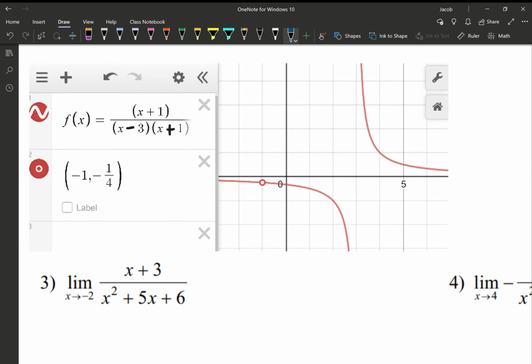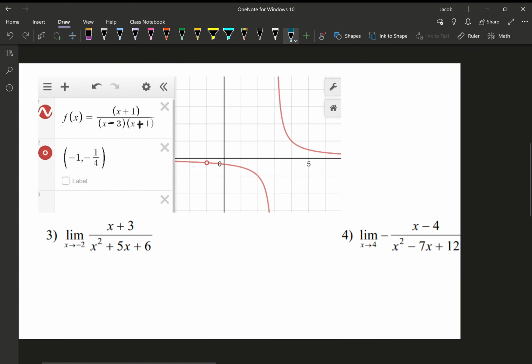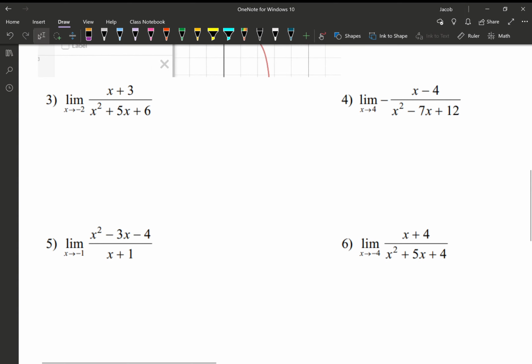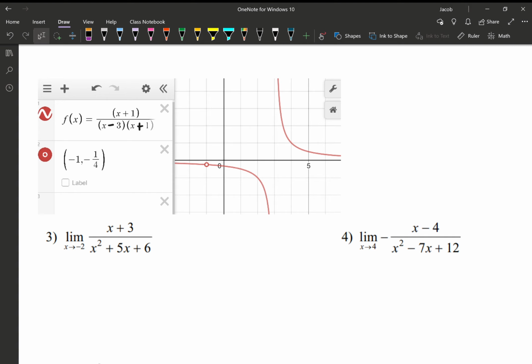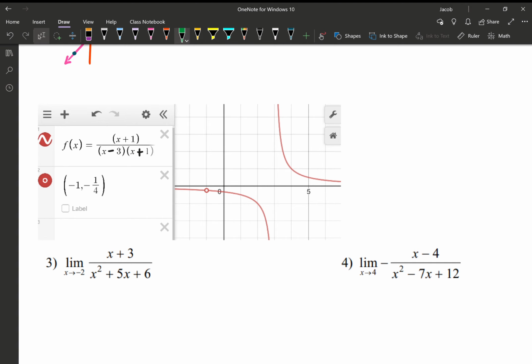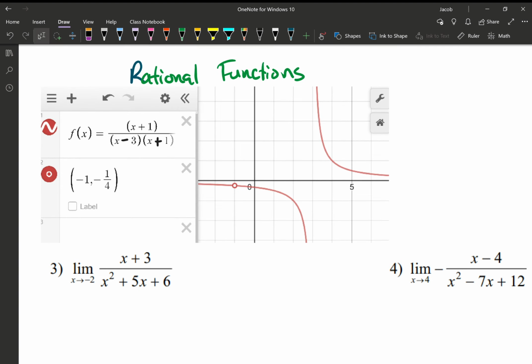Now for these 3 and 4, and I believe 5 and 6 as well, we need to remember a couple things about rational functions. And I wanted to include this graph, just so you can remember the shape that these rational functions take. In this rational function, we have factors. It's in factored form.